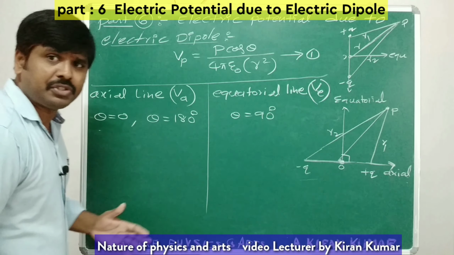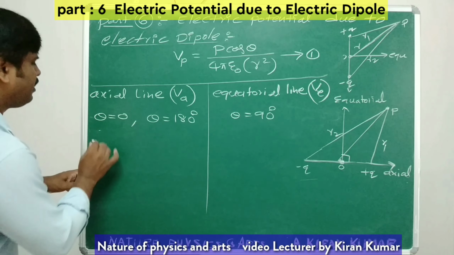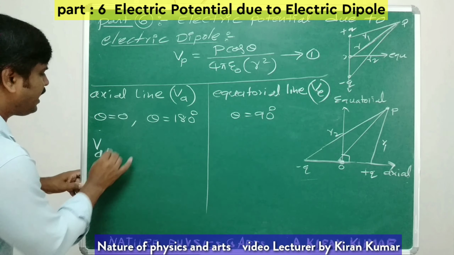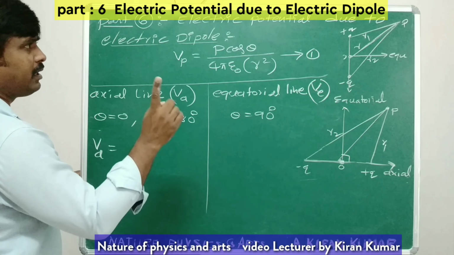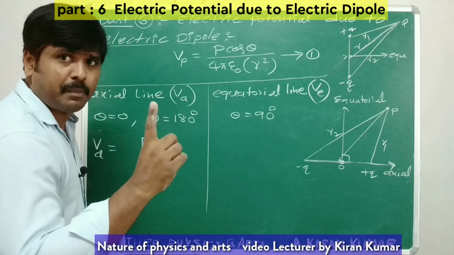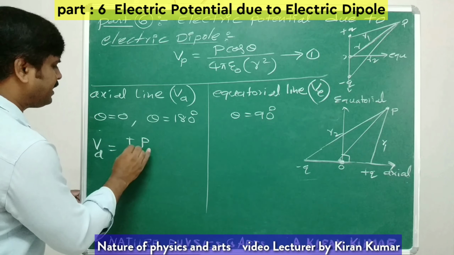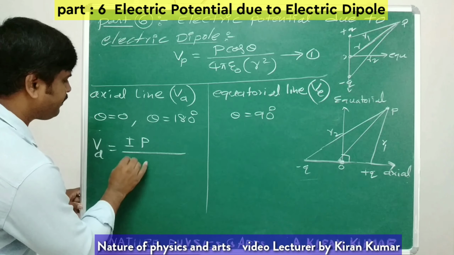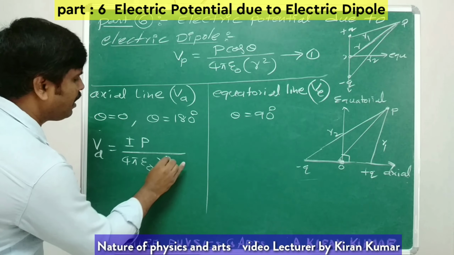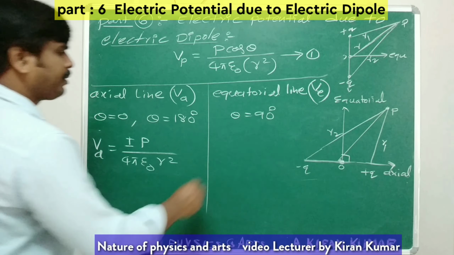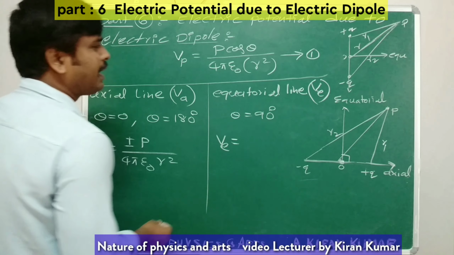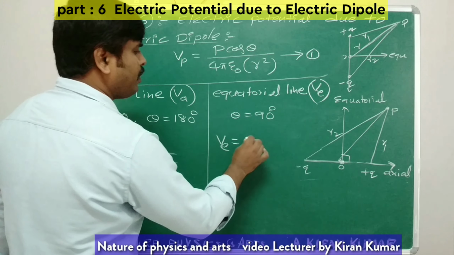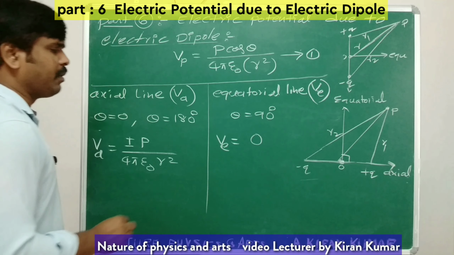For the axial line, the potential is P cos 0, which is 1, and cos 180 is minus 1, so plus or minus P divided by 4 pi epsilon naught into r square. For the equatorial line, cos 90 is 0, and 0 divided by anything is 0.